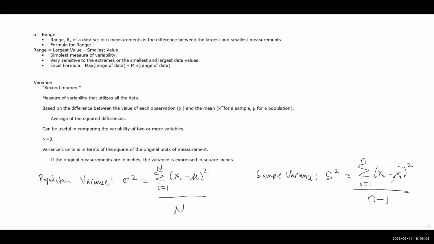Why n minus 1? Why do we subtract 1 in the sample and not the population? It has something to do with something called degrees of freedom that you haven't been taught yet. We will learn that in a few chapters from now. So don't worry about it and just say that the teacher or God or nature or whatever you believe in says it should be n minus 1 for now. Okay? All right. Let me move on.